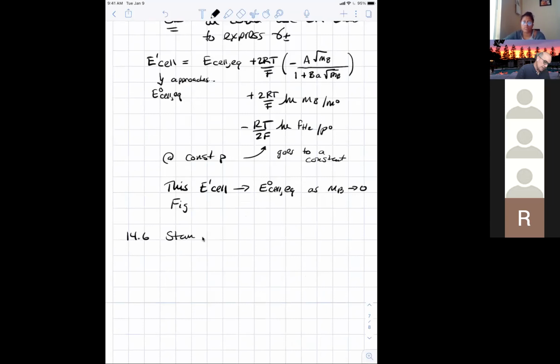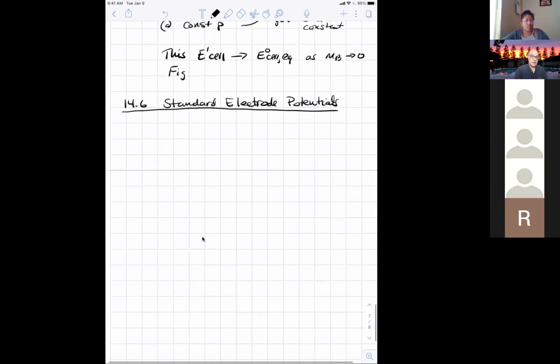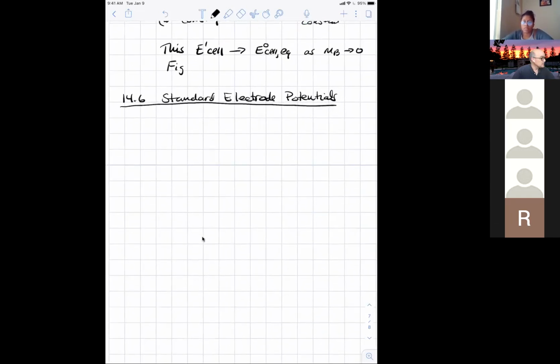Let's now talk about standard electrode potentials. And really what we're going to do here is use Hess's law to get some useful information. This is another case in DeVoe where DeVoe does not talk a lot about the import of, say, standard reduction potentials.